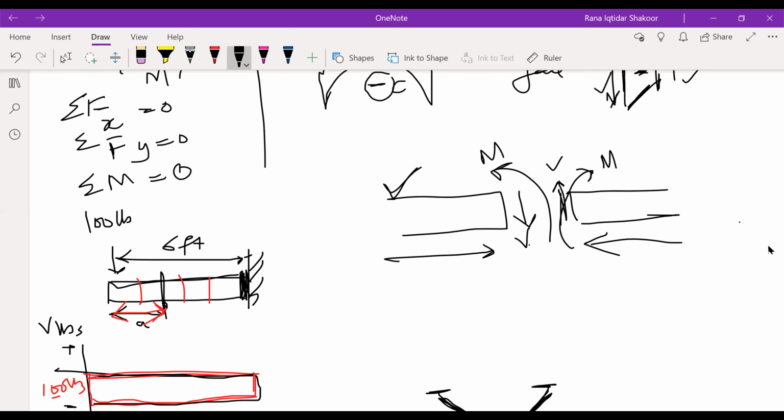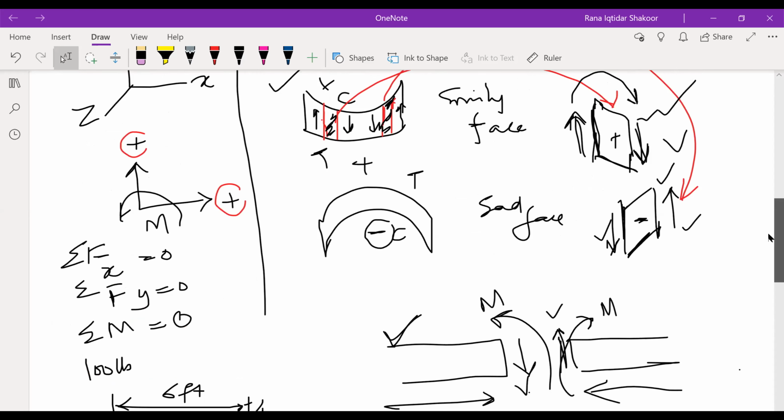And generally we always assume this, because we don't know what direction the moment or the shear force will have by the end of the day. So we always assume positive moment and positive shear, and then if the answer comes in negative, you can flip the directions accordingly, right? Fine.